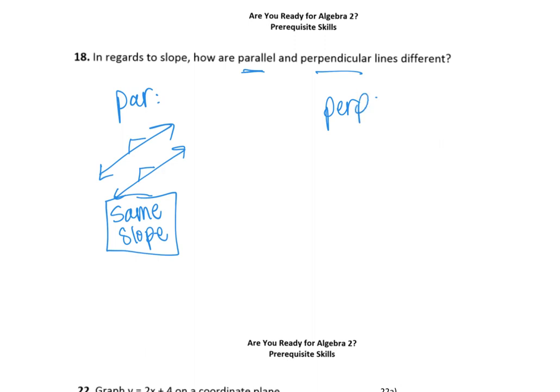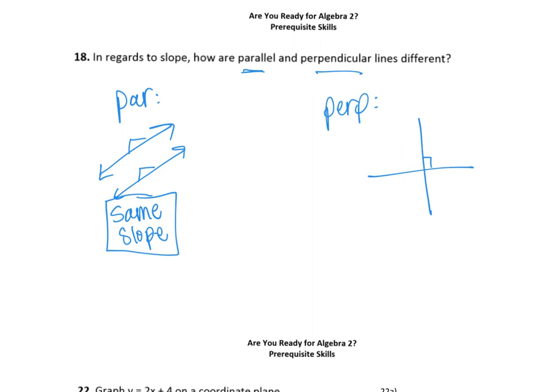Perpendicular lines, if you remember from geometry, cross at a 90-degree angle. They have to form that 90-degree angle. In order to do that, their slopes have to be opposite reciprocals of each other.